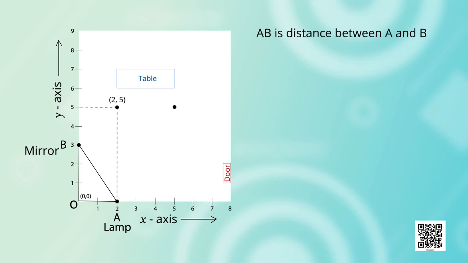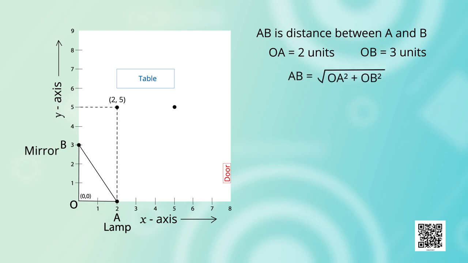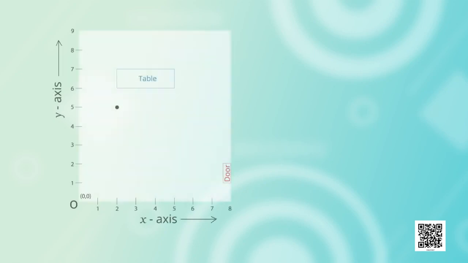AB is the distance between points A and B. OA is equal to 2 units. OB is equal to 3 units. So, AB is equal to under root OA square plus OB square. That is under root 2 square plus 3 square or under root 4 plus 9, which comes out to be under root 13 units.